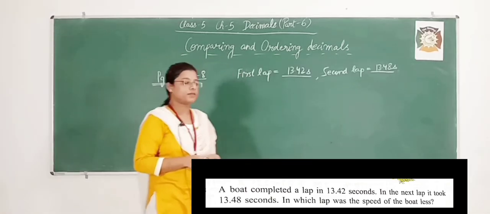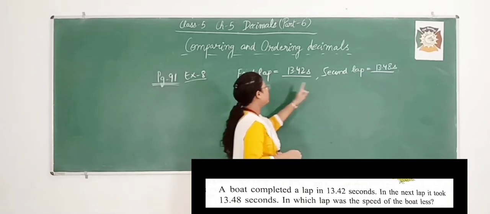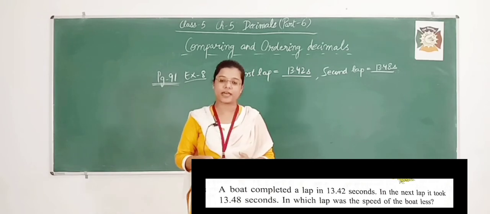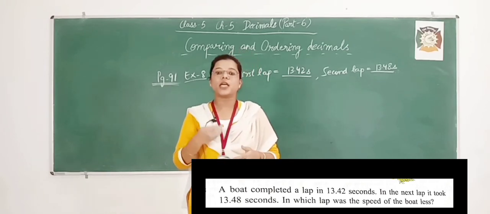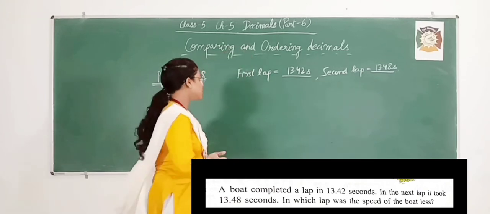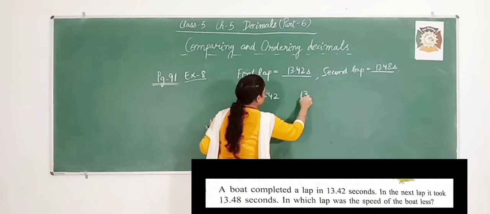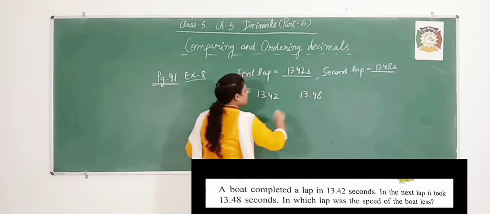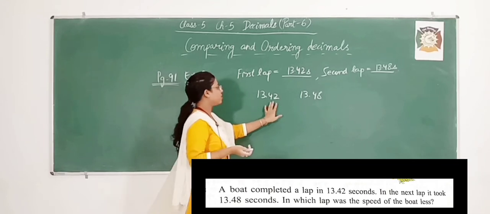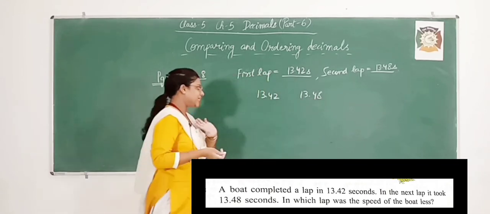So in this example students, you are given the times the boat has taken for the first and second lap. You have to compare these times, and with the help of that you will tell in which lap the boat has taken less time. Okay students, so you will compare these 2 decimal numbers that are given to you, right? You will first observe whether they are like or unlike. Count the number of decimal places. It is 2 here, it is 2 here, so they are like decimals, right?